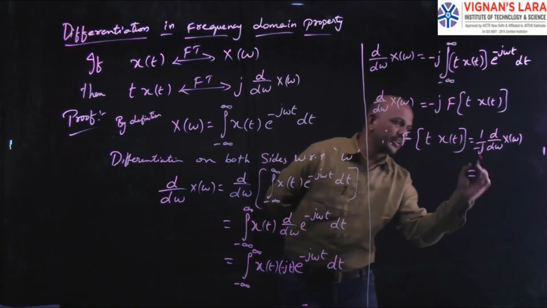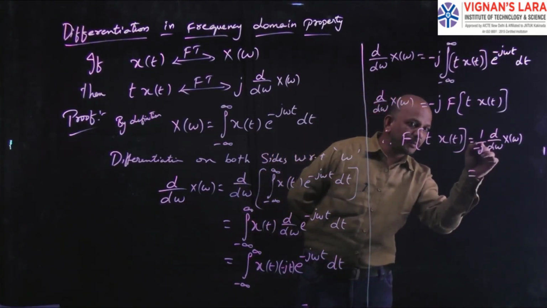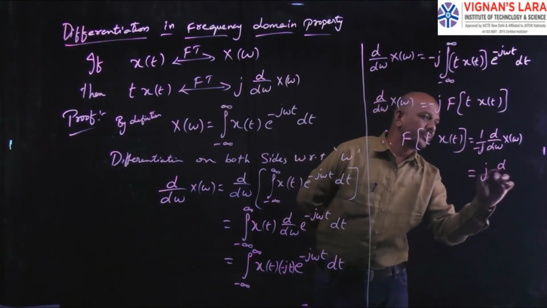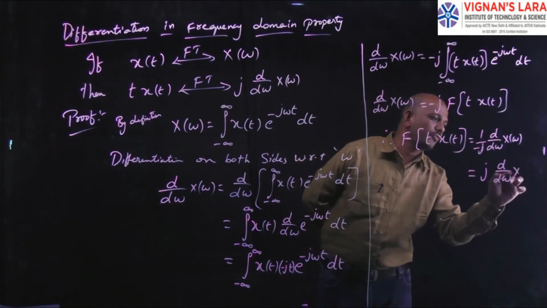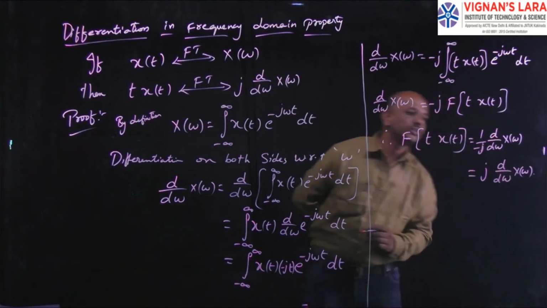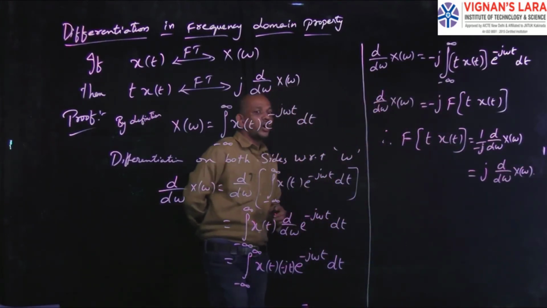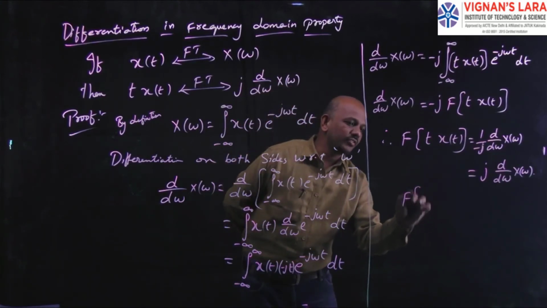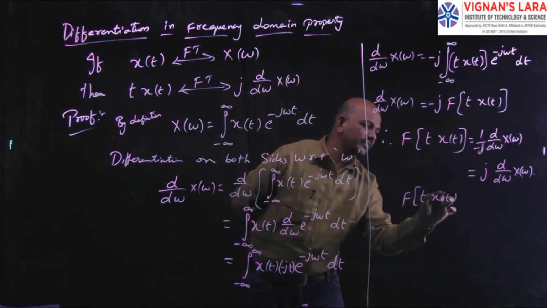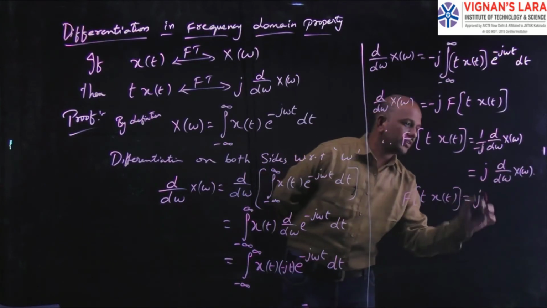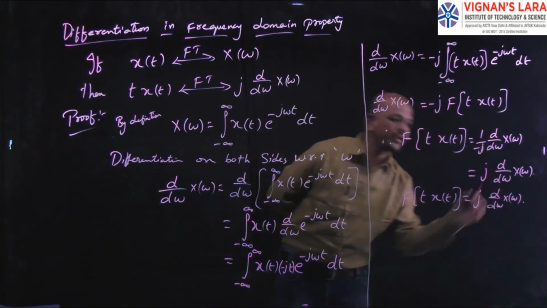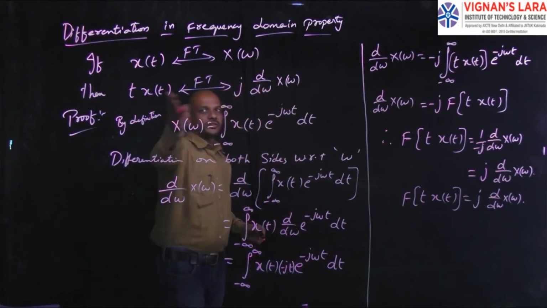So therefore this will be equal to 1 by j is minus j, and we have j into d by d omega of x of omega. Okay, so finally we got Fourier transform of t into x of t as j into d by d omega of x of omega. Okay, so that's what we have to prove.